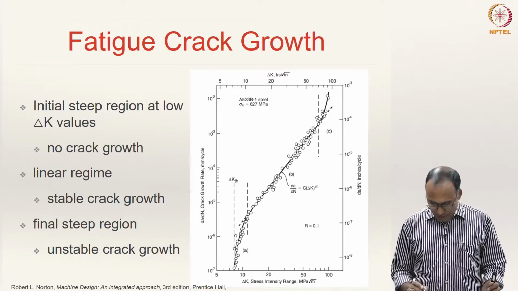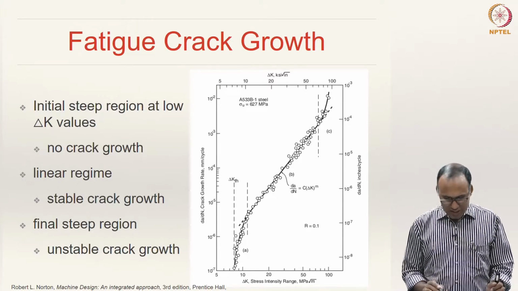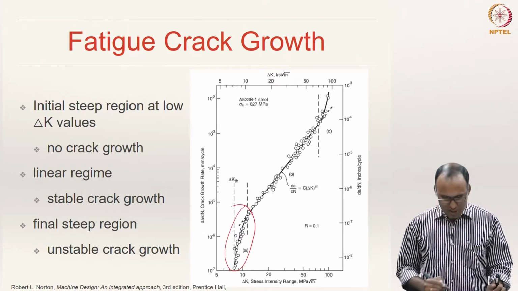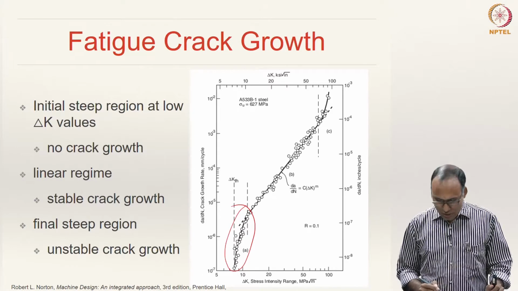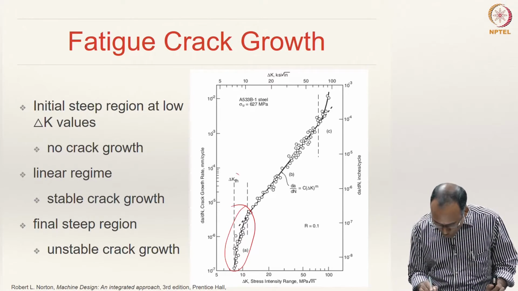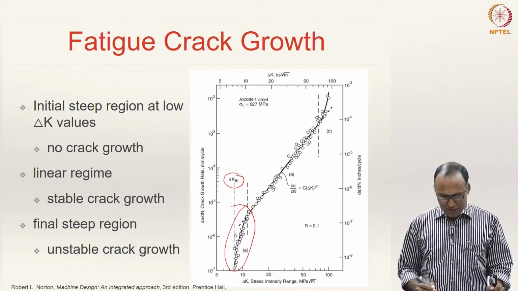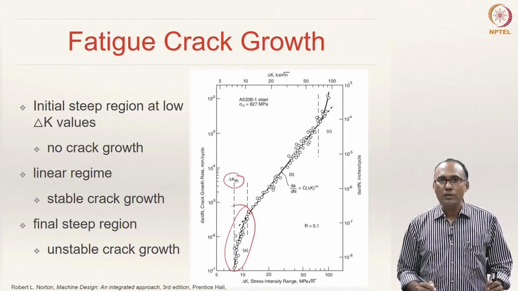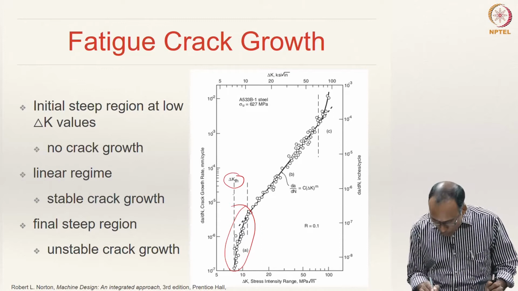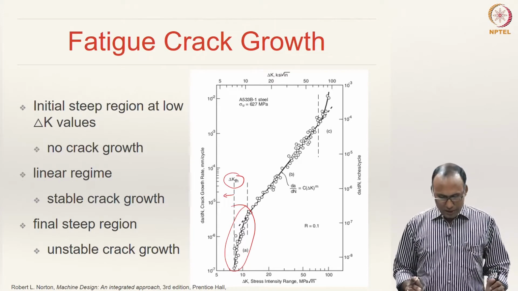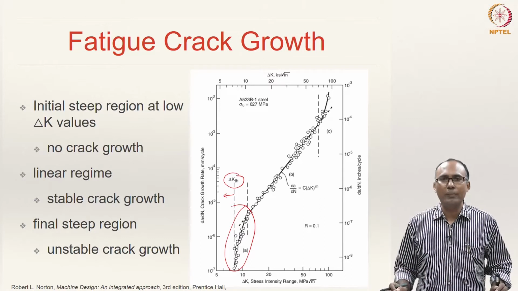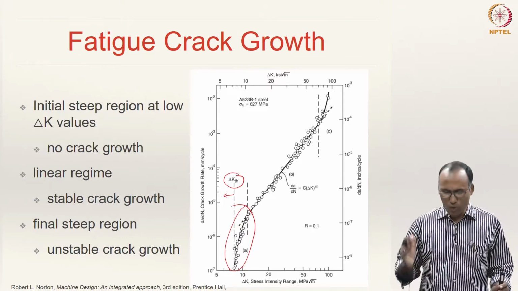So, let us look carefully at the 3 regions. The initial steep region at low delta K values gives you a threshold, delta K th. In this region there is no crack growth, and below delta K th there is no problem for the material, the cracks do not grow at all.